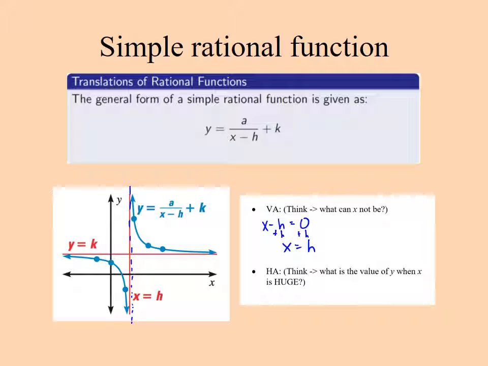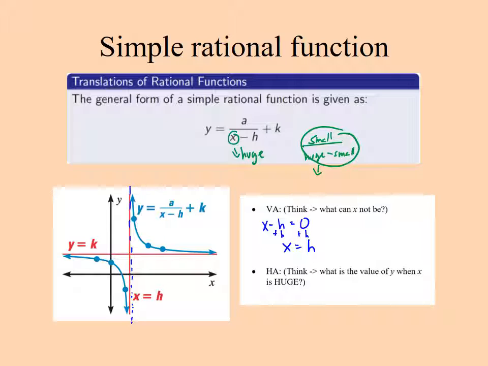Now, the horizontal asymptote is a little different. For the horizontal asymptote, you want to look at the behavior as x gets really large. So think of this x value as being huge, meaning like 1,000, 10,000, a million. If you take a small number and divide it by a huge number, like 5 divided by 5 million, you get something really close to 0.